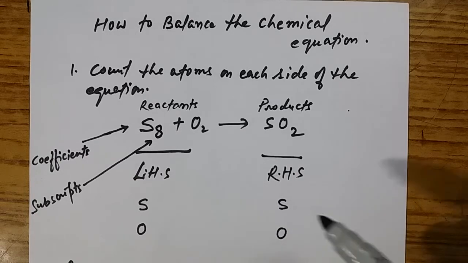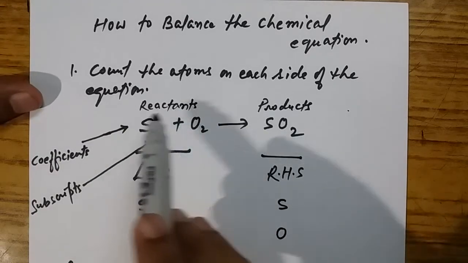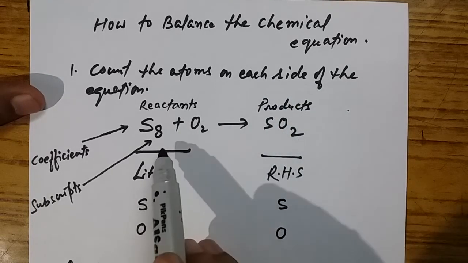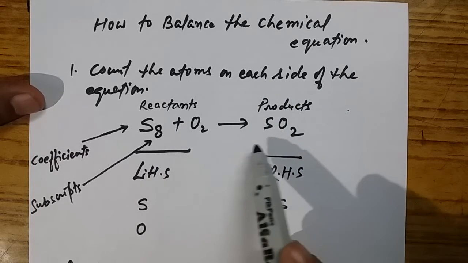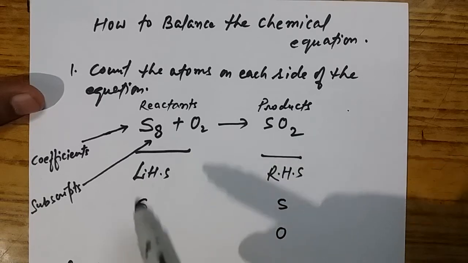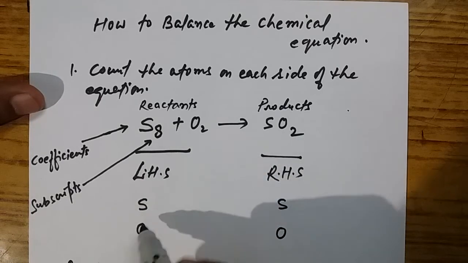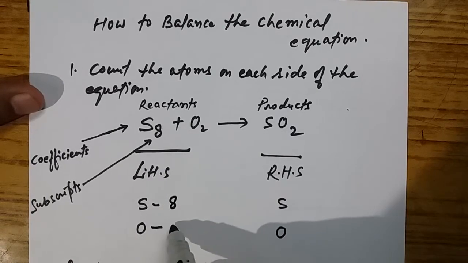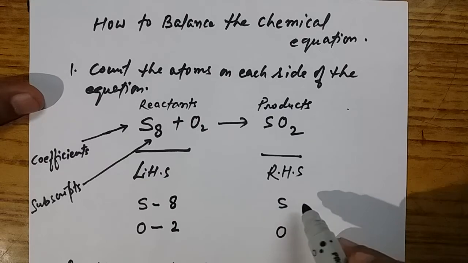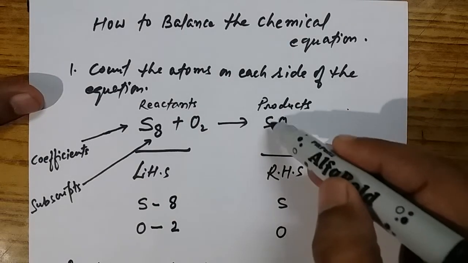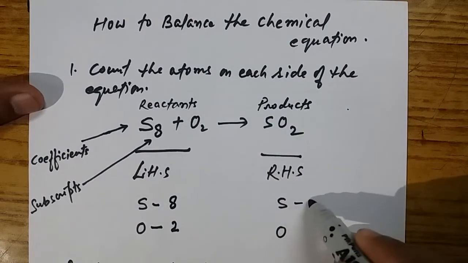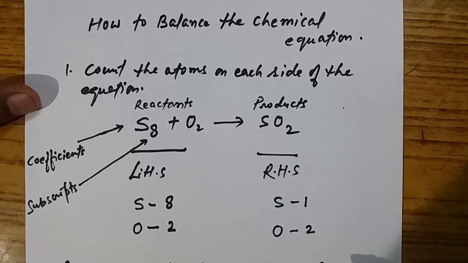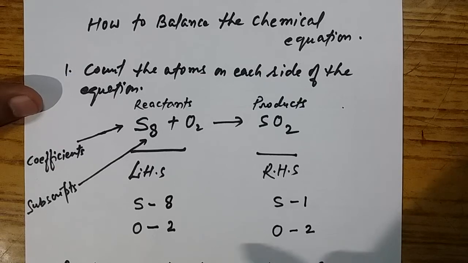First of all, I said to count the atoms on each side of the equation. Suppose the equation given is S8 plus O2, which gives the product SO2. Here sulfur is 8 on this side and oxygen is 2. On this side, sulfur, if nothing is given, means it is 1, and oxygen is 2.